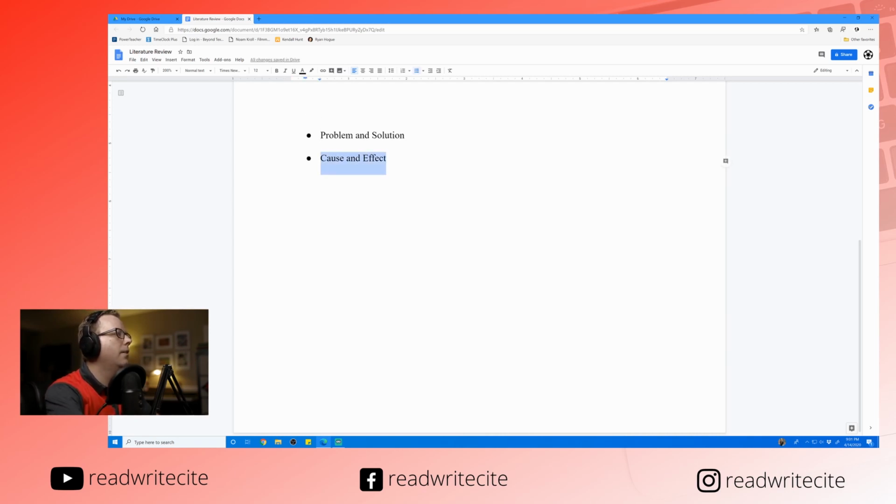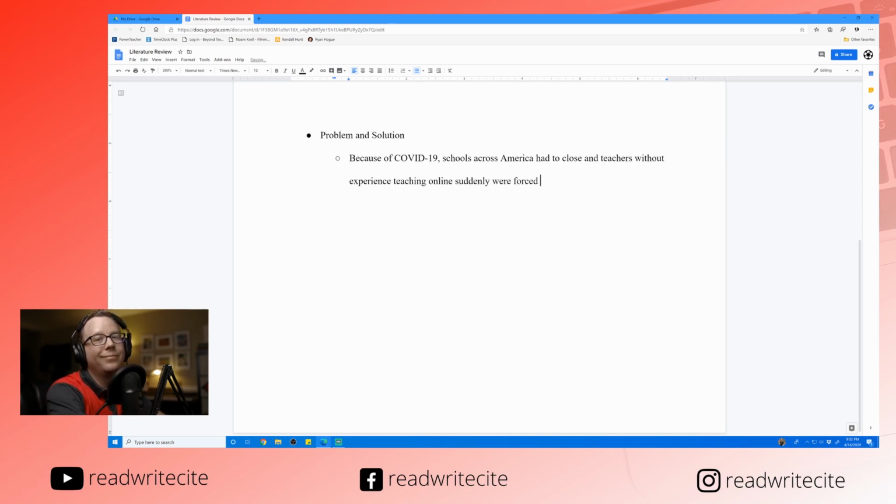But let's just take problem and solution as an example. Okay, let's say the problem is because of COVID-19, schools across America had to close, and teachers without experience teaching online suddenly were forced to teach online.